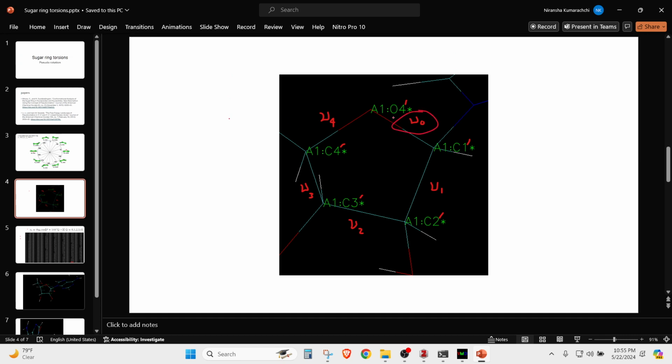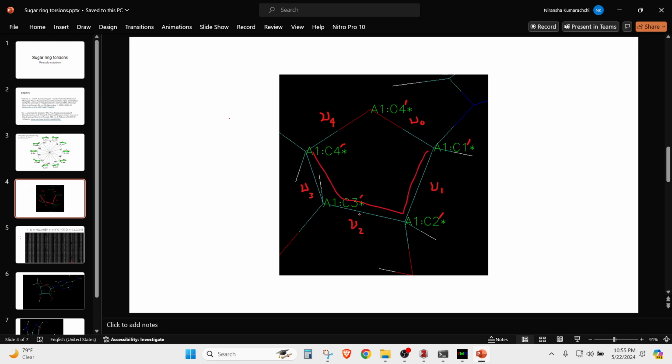So mu0 here will be this torsion from C4 prime, O4 prime, and C1 prime to C2 prime. And the next torsion will be O4 prime, C1 prime, C2 prime, C3 prime. It will be mu1. And the other torsion is C1 prime, C2 prime, C3 prime, and C4 prime.